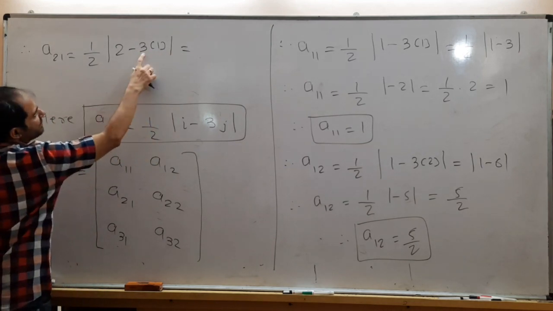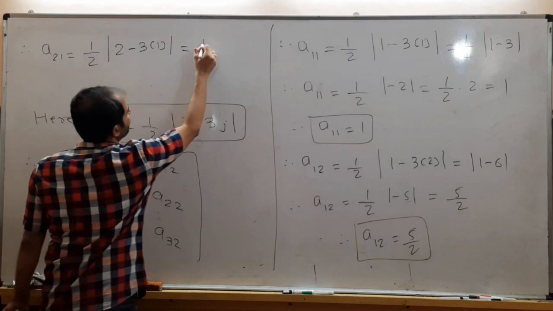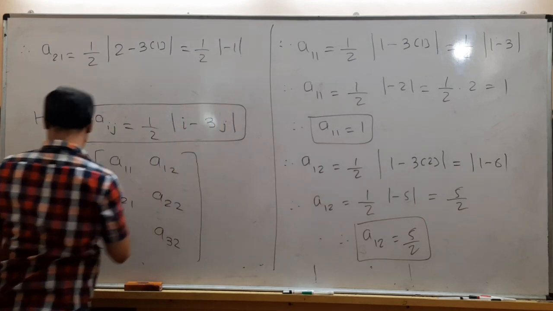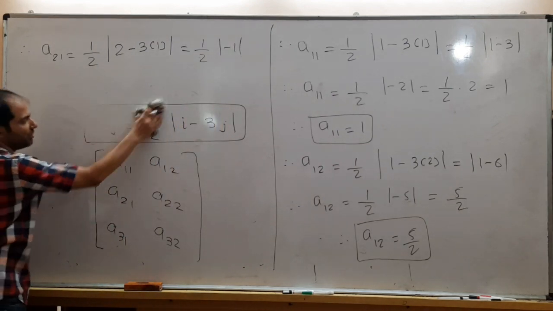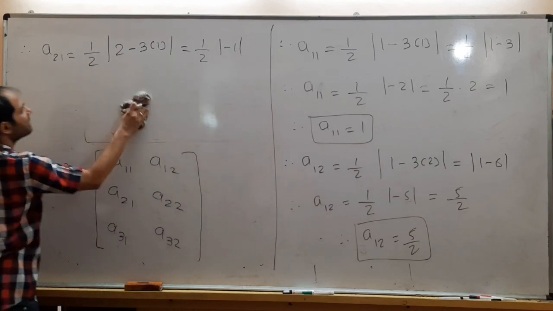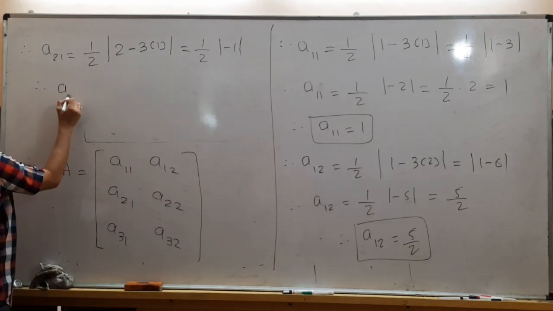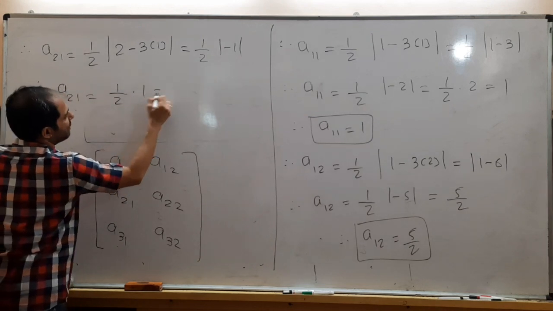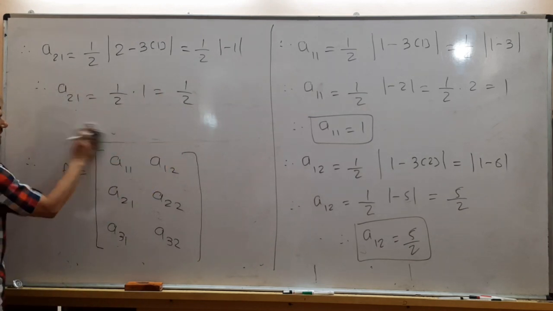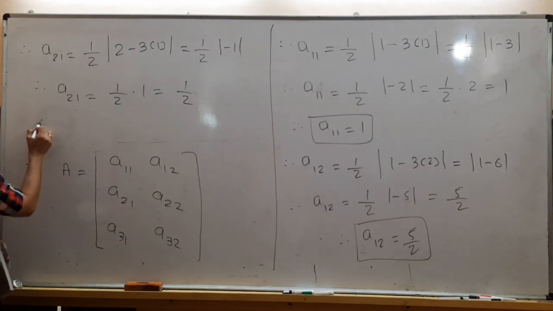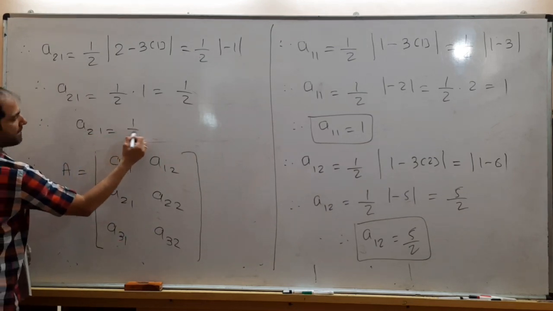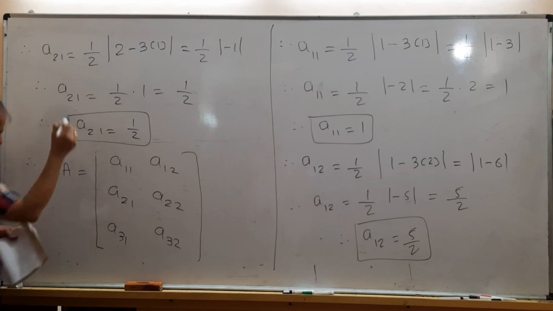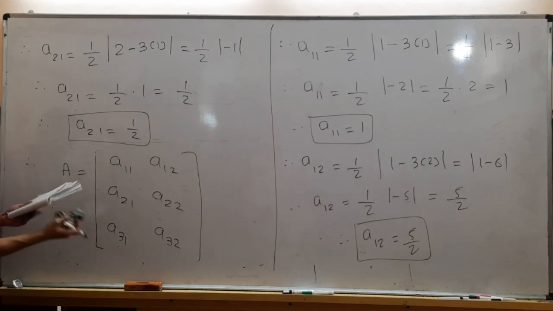So 2 minus 3. So half into mod of minus 1. So A21 will turn out to be half into 1. So remember the formula. So A21 will be half. Let me see, the answer is right. Yes, A21 is also half.